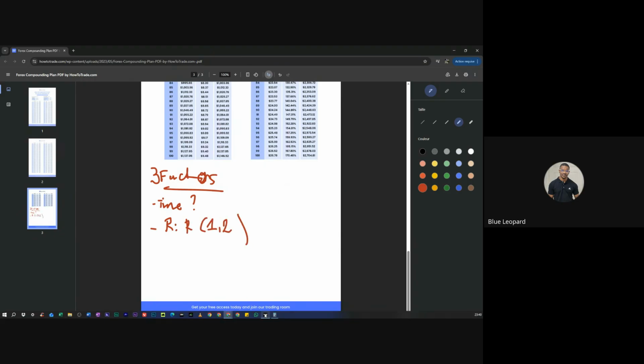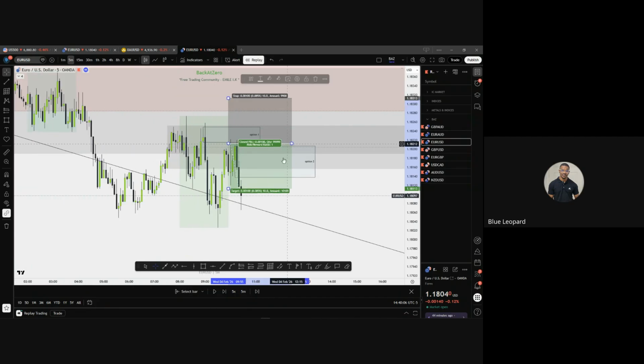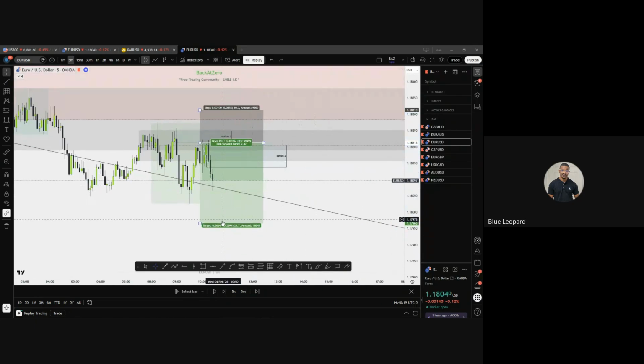Like in this example here, this was not a 1R trade. I never trade 1R. Minimum 2.5. The compound effect will act even more, because after 1 trade, you'll make 10% of your account.